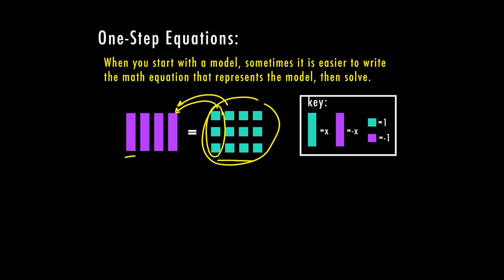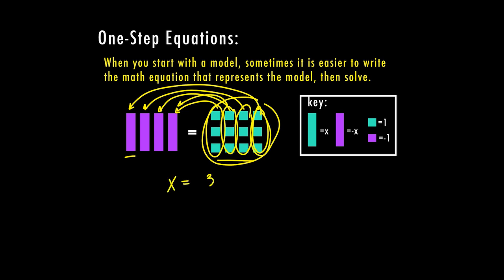You can go with this first one. Second group goes with this one. Third group can go with this one. And our last group can go with this one. And we can see that each group or each x has 3 ones in it. So that means that each x equals 3.